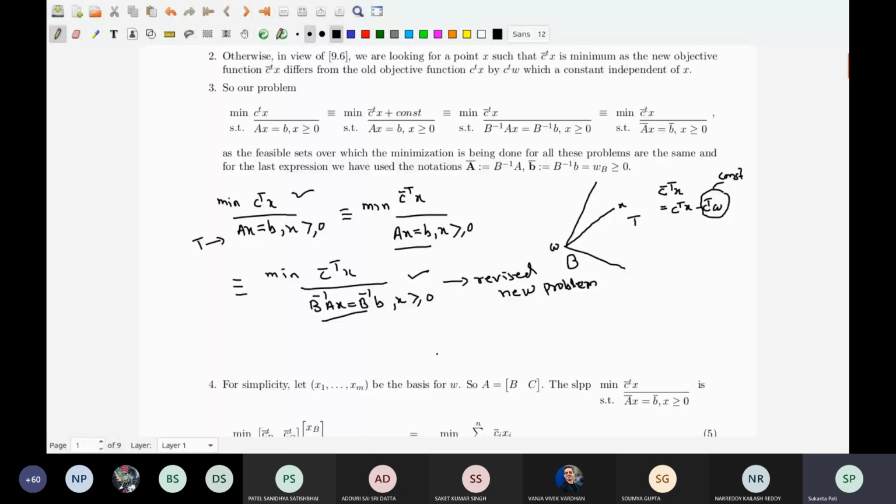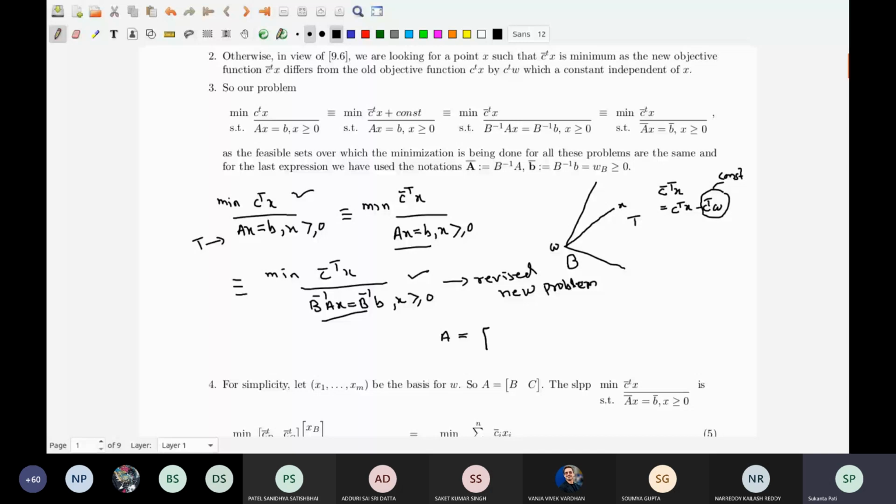If you take your basis to be x1, x2, up to xm, the first m vectors, then the matrix A will look like the basis and then the other part of the matrix.